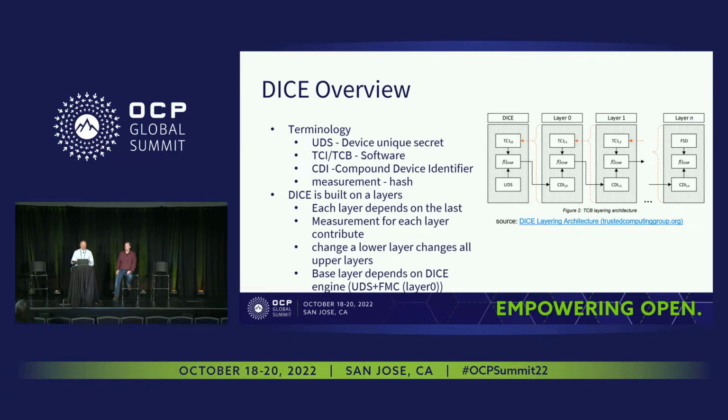So a CDI is a combination of measurements and the UDS, and basically it's communication to the next layer of the unique identity. At each one of these layers you can generate a new set of certificates based on that. And the nice thing about this is it's all layered. So if any one of the intermediate layers changes, everything rekeys up and down the stack, and you get a very good path back to the original hardware implementation.